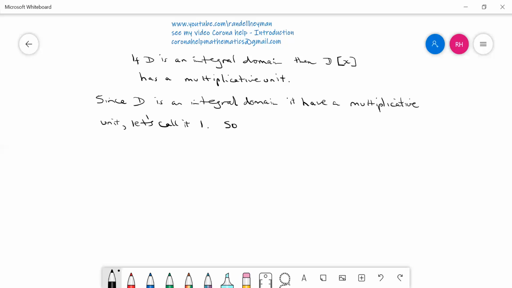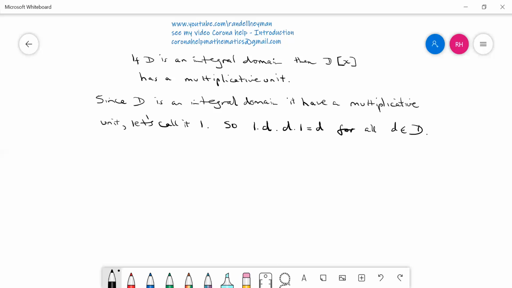So what does it mean to have a multiplicative unit? Well, it means that 1 times d equals d times 1 equals d, and this is for all d that are elements of the integral domain. This is basically the definition of a multiplicative unit.